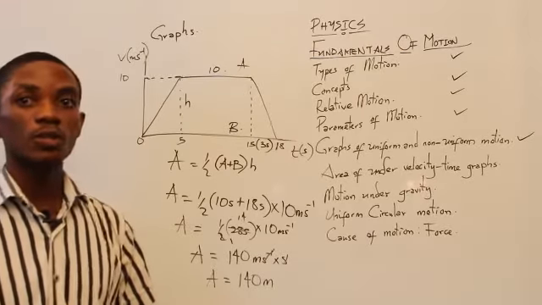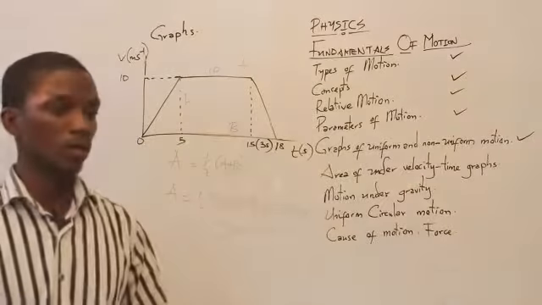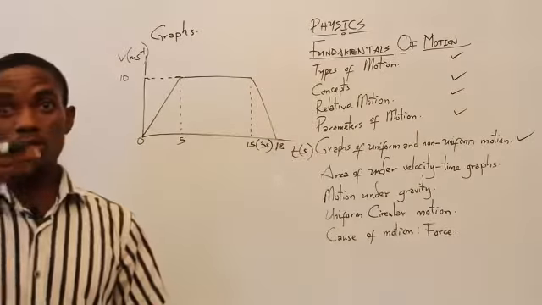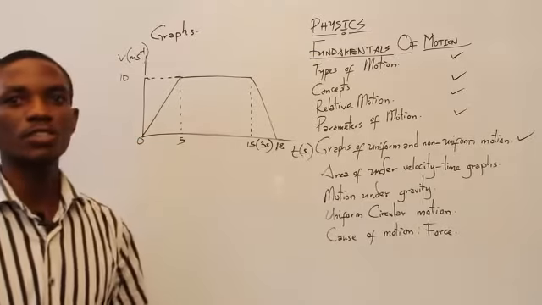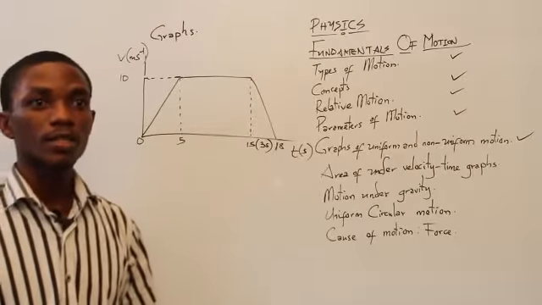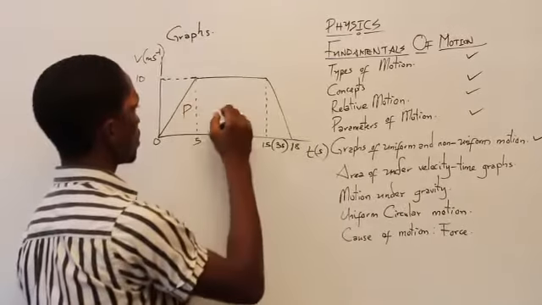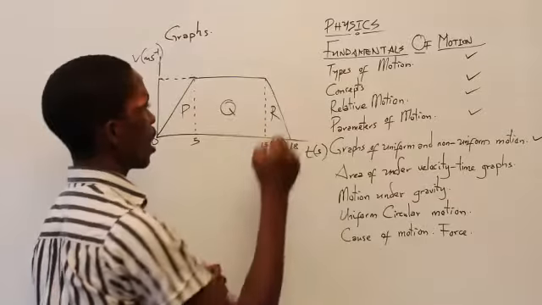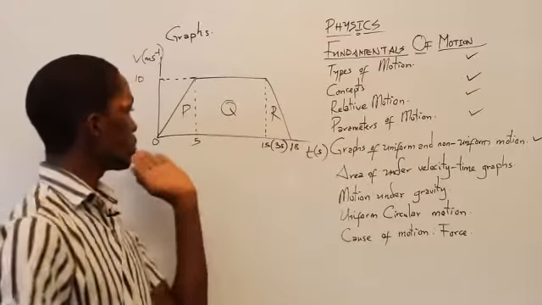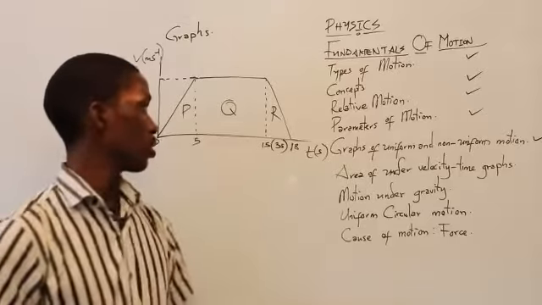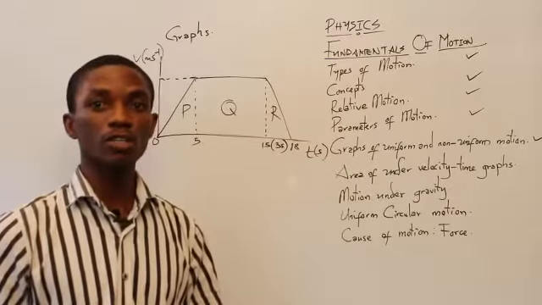Let's see the second method, where we actually split the shape into different parts. Now let's try the second method. In the second method, of course, this shape practically divides itself into 3 parts, and let me label them P, Q, and R. P has the shape of a triangle, Q has the shape of a rectangle, and R has another triangular shape.